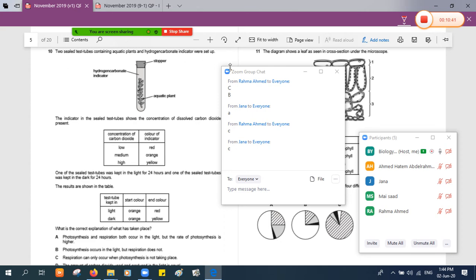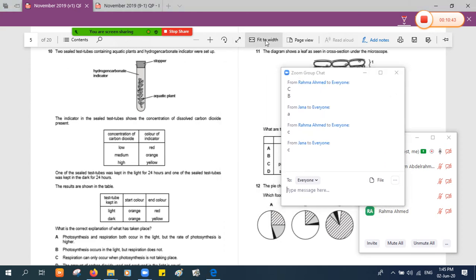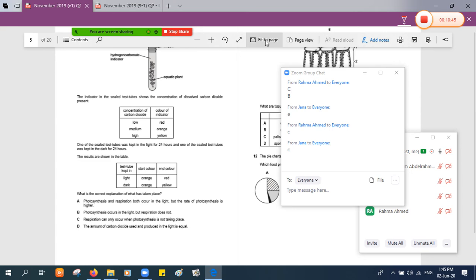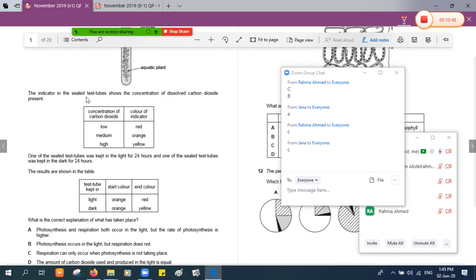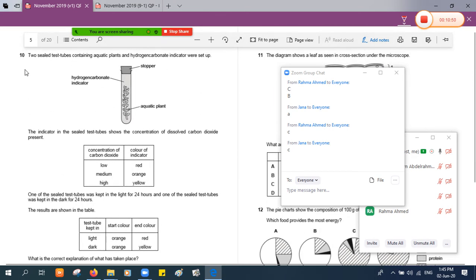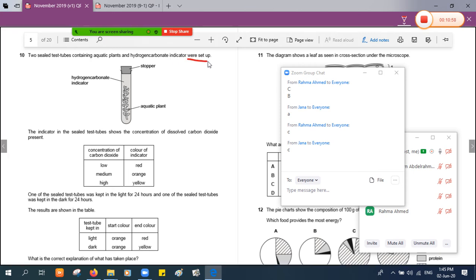Question 10. Two sealed test tubes containing aquatic plants and hydrogen carbonate indicator were set up. The indicator in the sealed test tubes shows the concentration of dissolved carbon dioxide present.